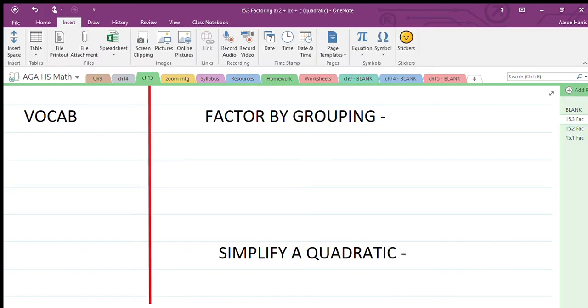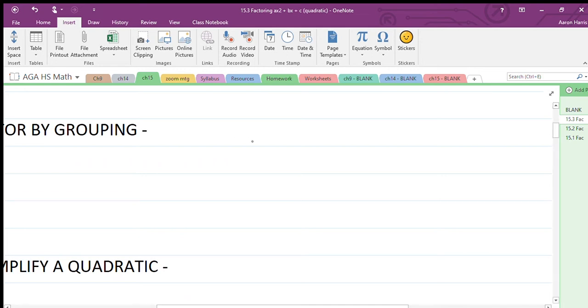Okay, so vocab. Factor by grouping. Okay, so let's say that I had 20x squared plus 10x minus 6x minus 3. Actually, let me think about this, because I'm going to reverse engineer it so I can make sure that I get this right.